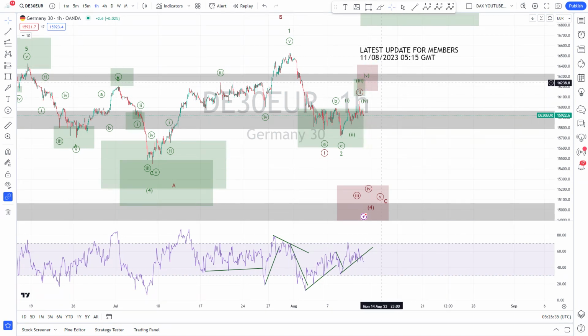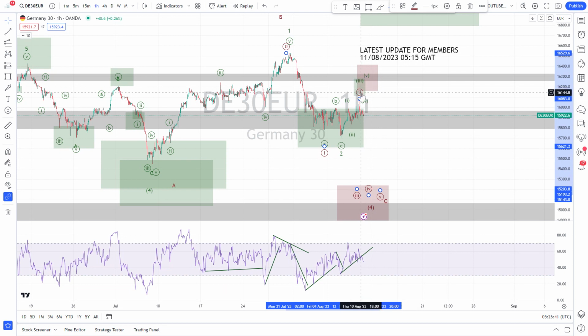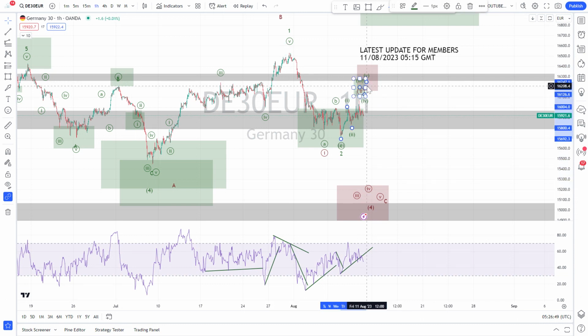Extreme in the sense that here the area in the red would be the area in the bearish scenario where a wave 2 can go, and here this area in green I drew after we took out this high here, I believe.